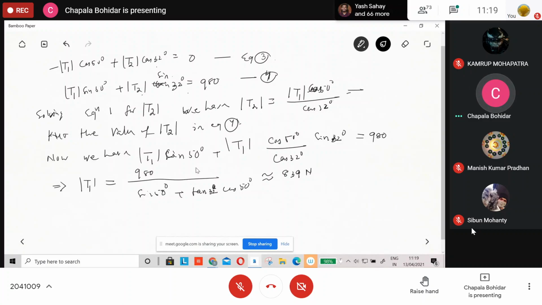It is your tangential force. Similarly, if you solve, you'll get the value of T2 also.